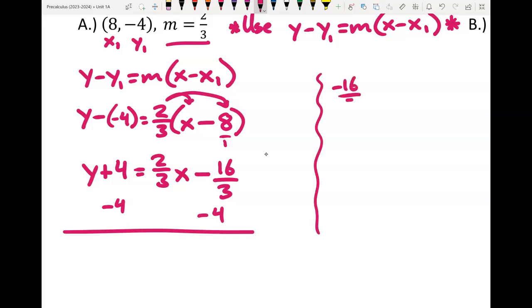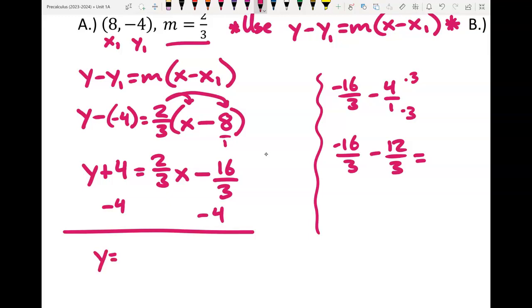So we have negative 16 over 3 minus 4. Put that over 1. What would be our common denominator, ladies and gentlemen? So times top and bottom by 3. Negative 16/3 minus 12/3. What would be our result from that? Negative 28/3. So my answer, y equals 2/3 x minus 28/3.